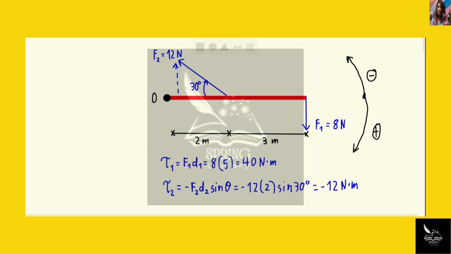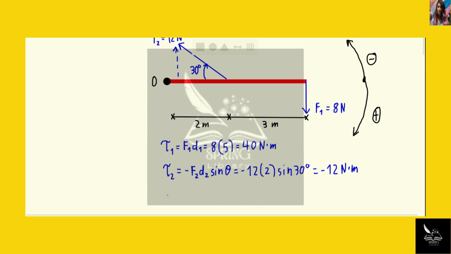Now it is a coincidence that 12 newtons times meters is the same as the magnitude of the vector. In all cases, you should always take into account if you have an angle. Now let's find the net torque. Well, the net torque will be the sum of these torques.